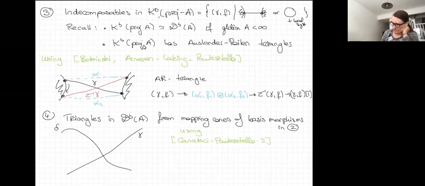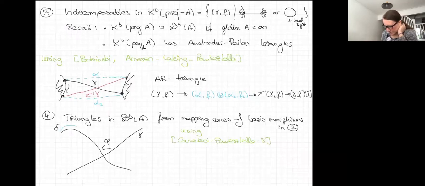Okay, and so what we find is that if we have two curves, gamma and delta, then there is an extension if these curves cross, and of course then we have a map phi as well, and somehow this is given by the mapping cone of phi, and we then resolve the crossing, so we get two maps, alpha 1 and alpha 2, where we just follow gamma up to the intersection, and at the intersection we switch and follow delta, and this is alpha 2, and then we get the following triangle.